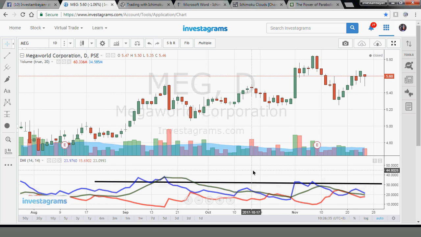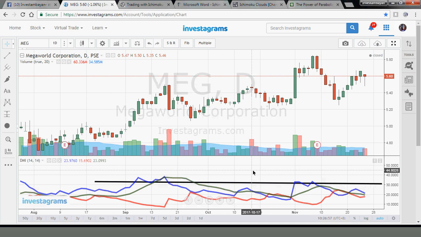Paano natin malalaman na uptrend yung stock, may strong na momentum? Si ADX above 30, pataas ng pataas yun ha. Then positive DI nasa taas ni negative DI, that is a strong uptrend, clear uptrend.